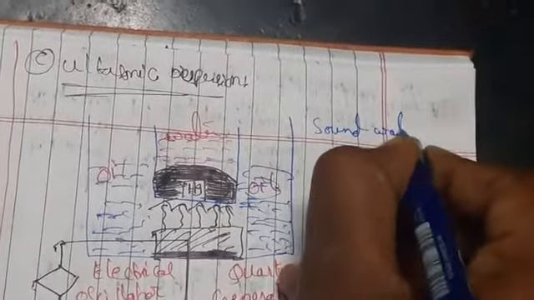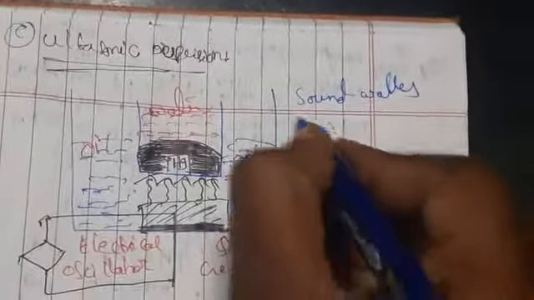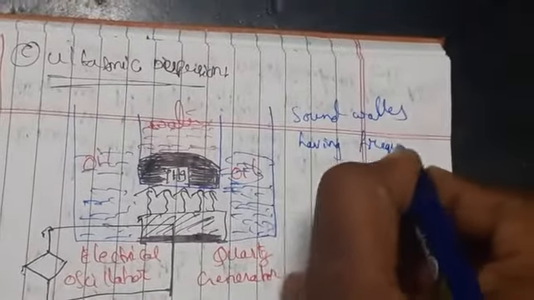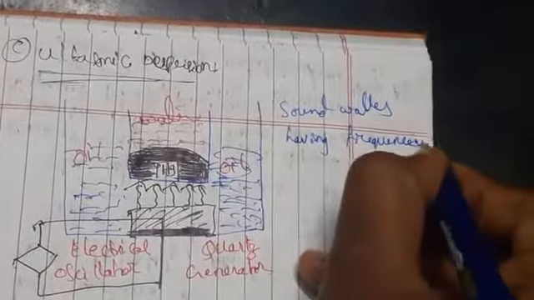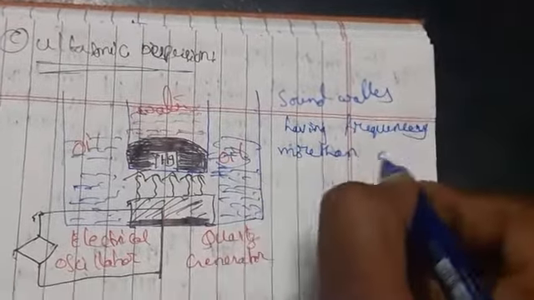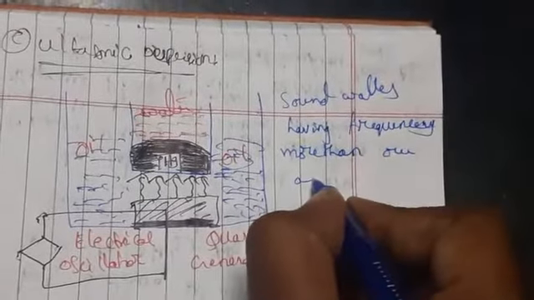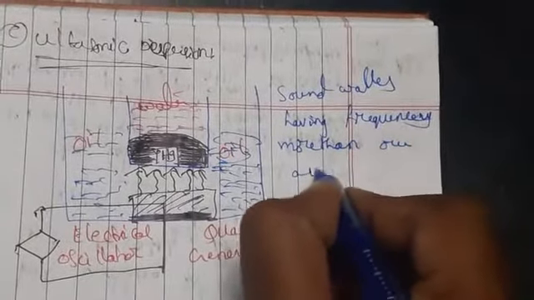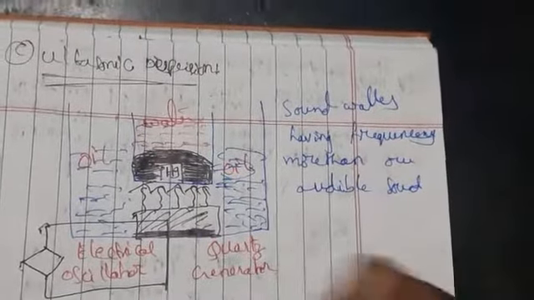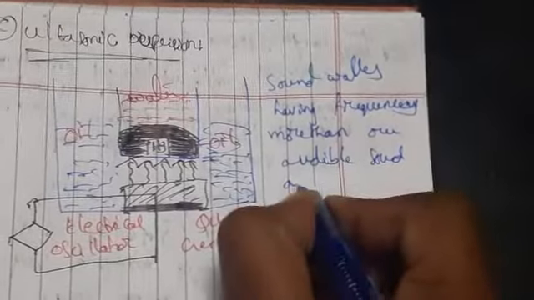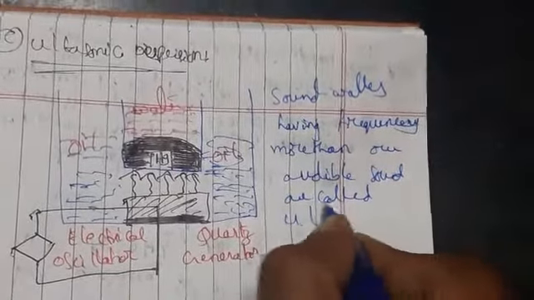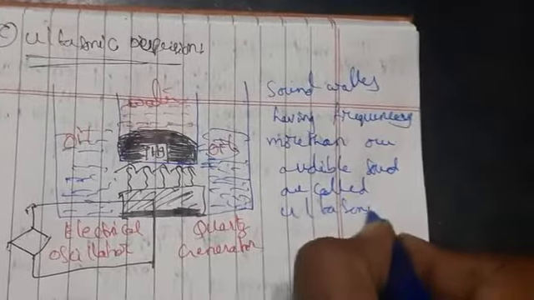Sound waves having frequency more than our audible sound are called ultrasonic waves.